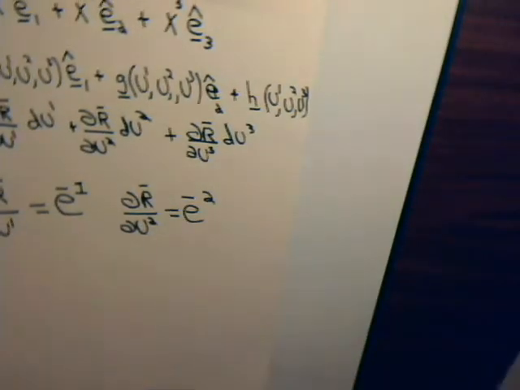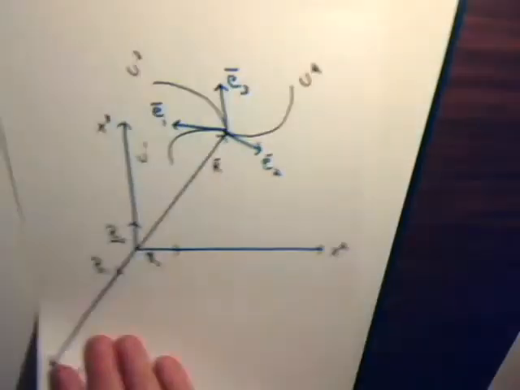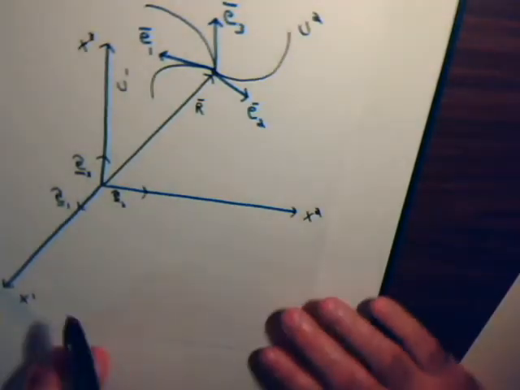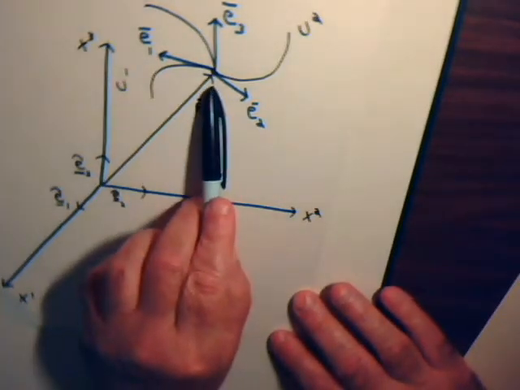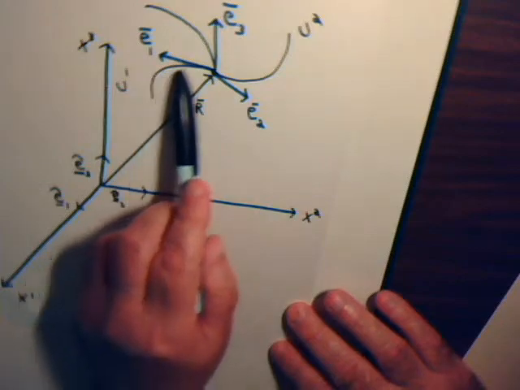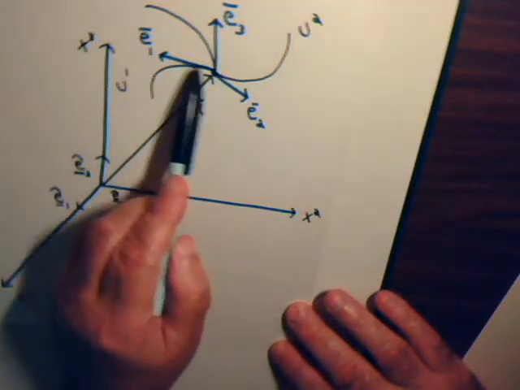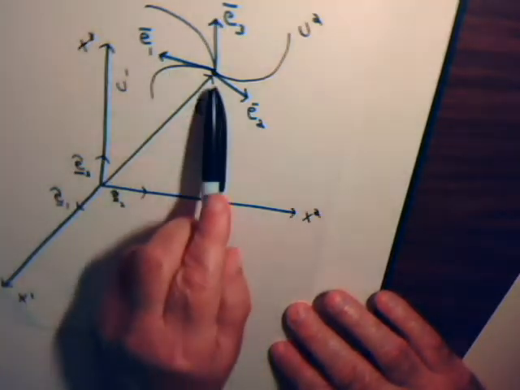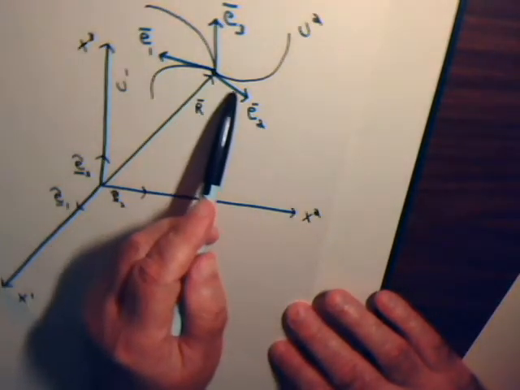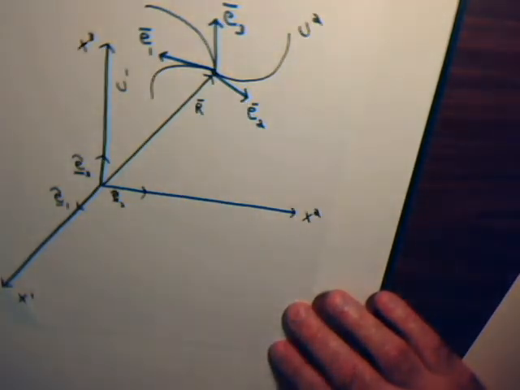Let's just get that diagram here. So we had a position vector r. We take the partial of r with respect to u1, and that gives us that tangent vector E1. Take the partial of r with respect to u2, and that gives us the tangent vector E2.